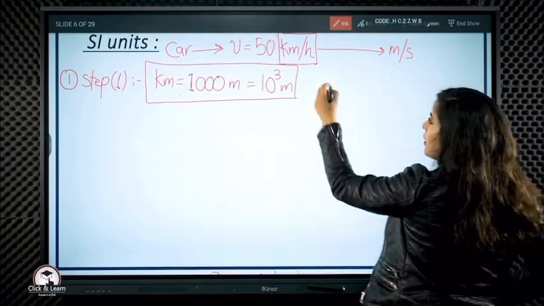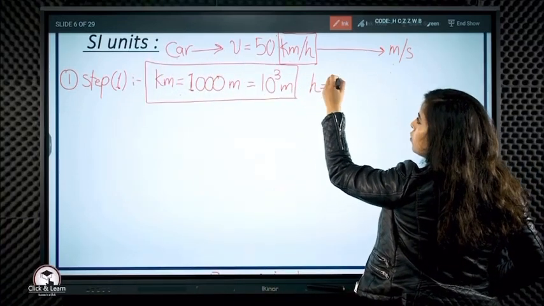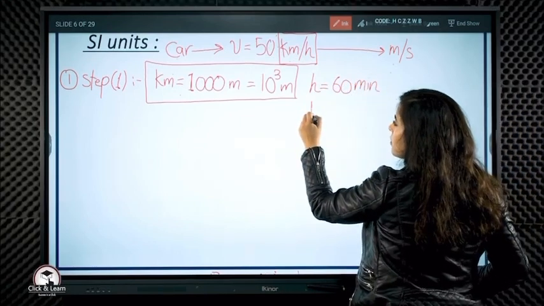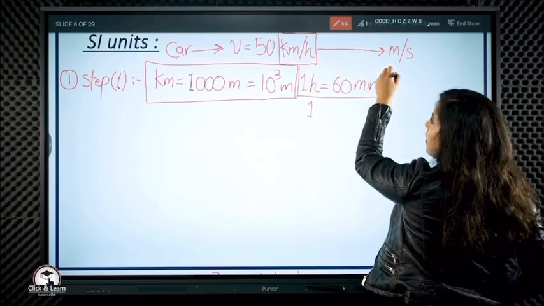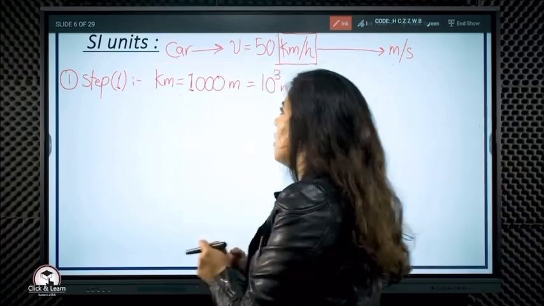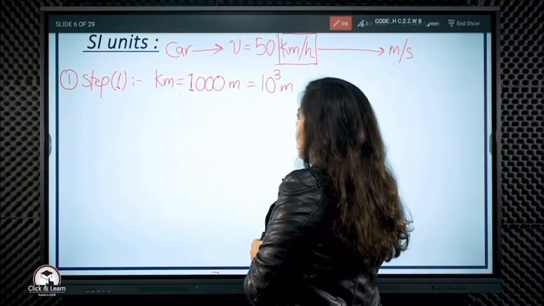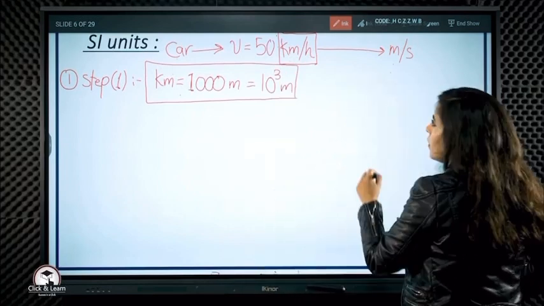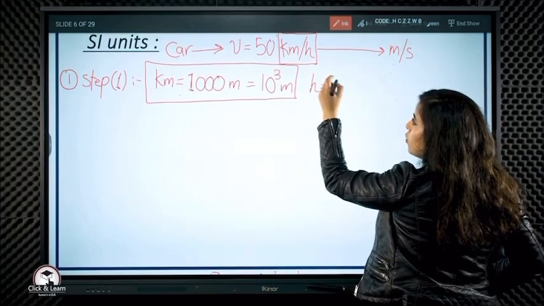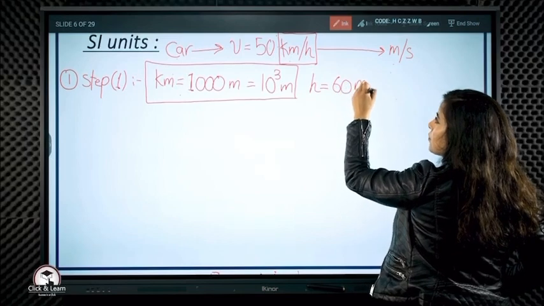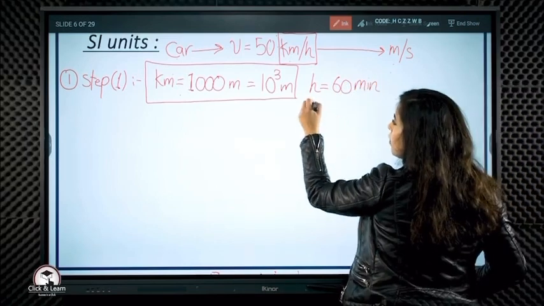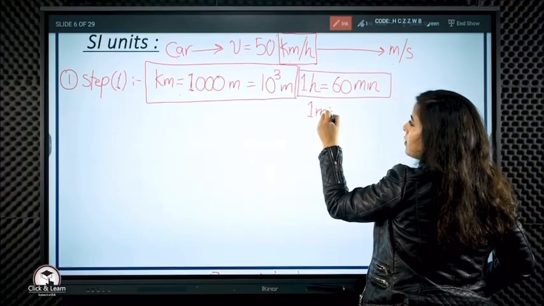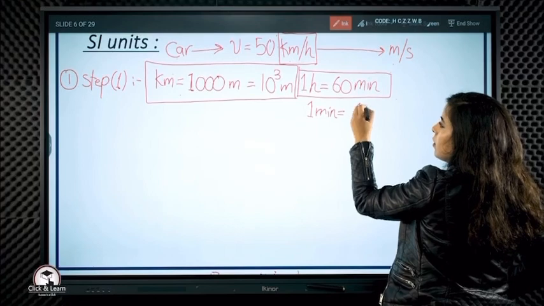Another fact I have is that the hour equals 60 minutes, and 1 minute equals 60 seconds.